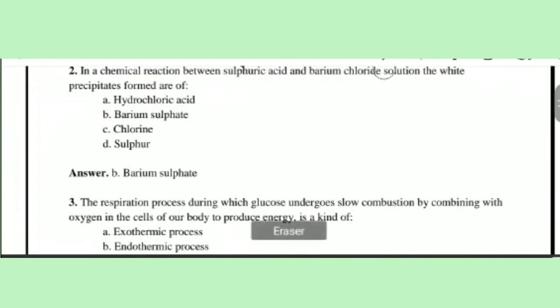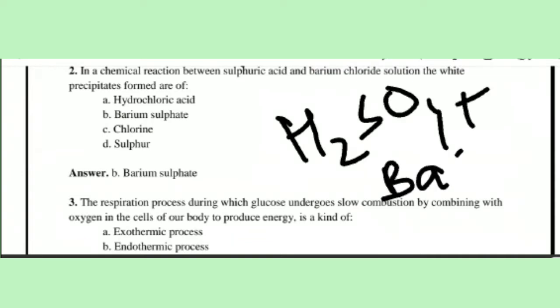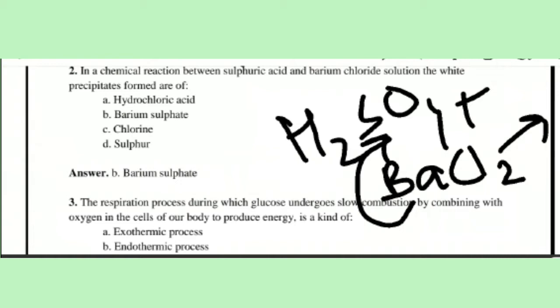Now moving towards our second question. Our second question is: in a chemical reaction between sulfuric acid and barium chloride solution, the white precipitate formed is of. Here the question is saying that when H2SO4, sulfuric acid, reacts with barium chloride BaCl2, it will displace hydrogen.